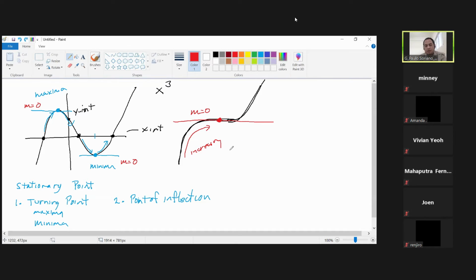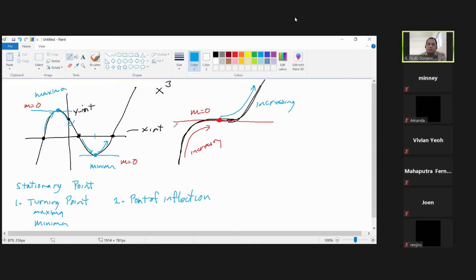However, the graph did not go down. When we check at the right side of this function, it went up. So increasing and suddenly continue on increasing.